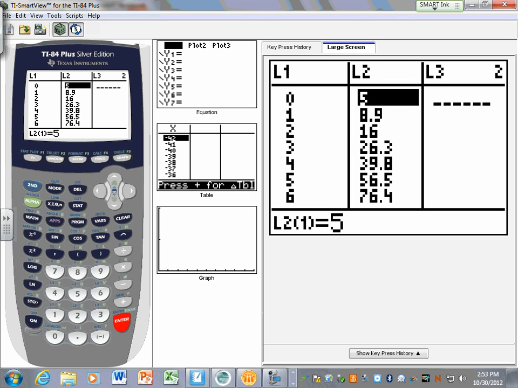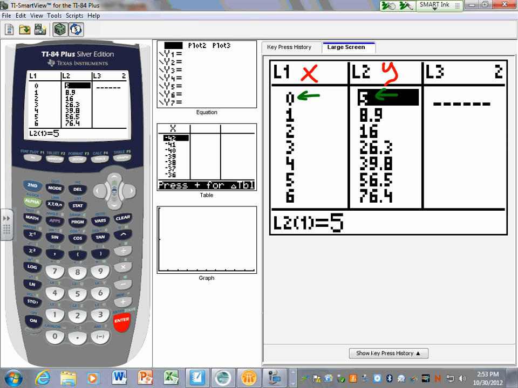And you should get these lists. List 1, list 2. Oh look, mine are already in here from the last time I did this. But your list 1 is going to be your x-axis, and your list 2 is going to be your y-axis. Notice I put in 1995 as 0, and I put how many thousand sales they had, which was 5.